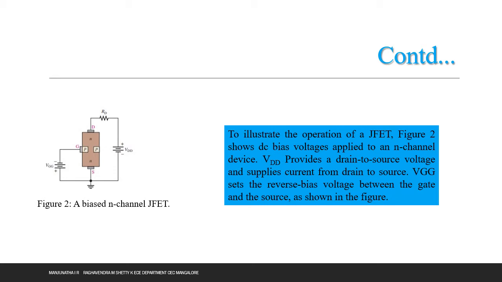The meaning is the negative terminal of VGG is connected to the P region, where holes are the majority charge carriers. By giving the negative terminal to the P region of the JFET, it makes the PN junction reverse biased. When the PN junction is reverse biased, we can control the current across the drain. This is what I am trying to convey here.